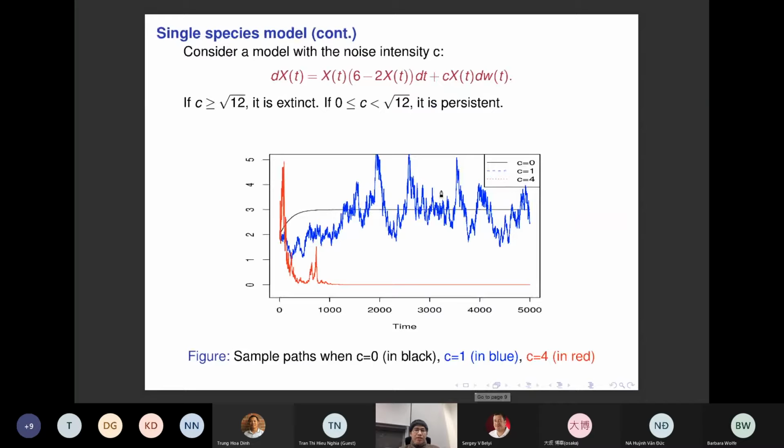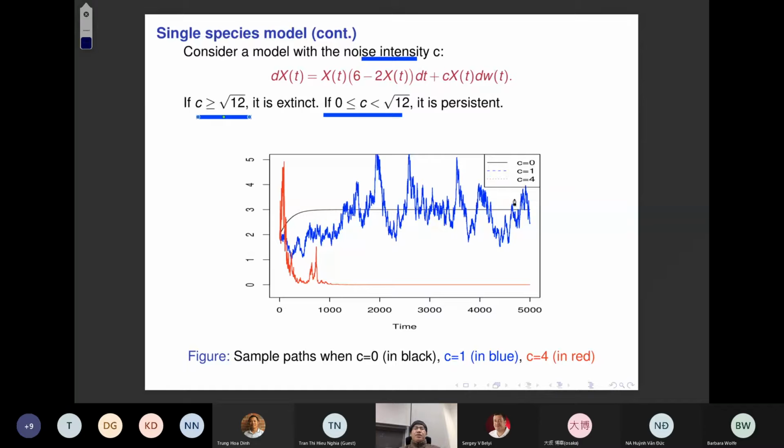For these models, we consider several cases. c is the noise intensity. If we have small c, then the species is persistent. And if we have large c, then it is extinct.